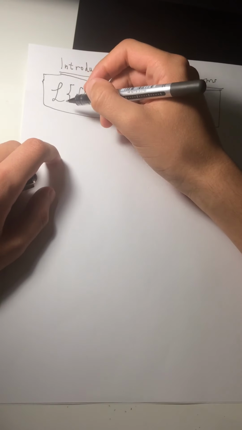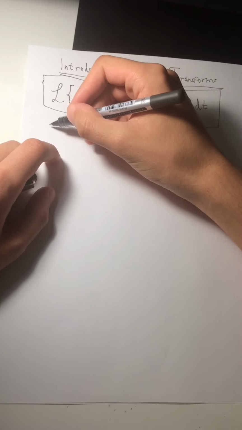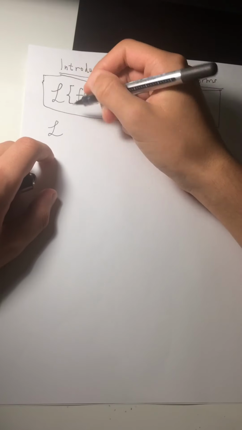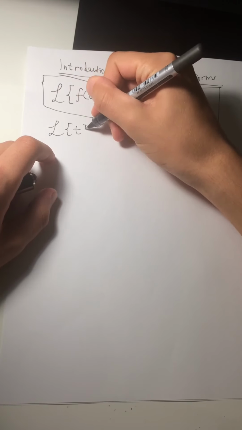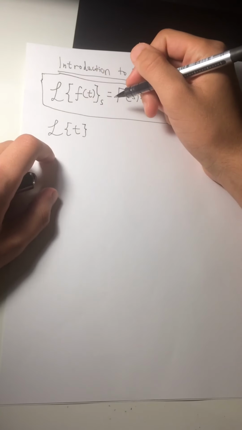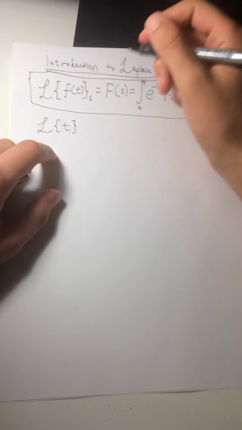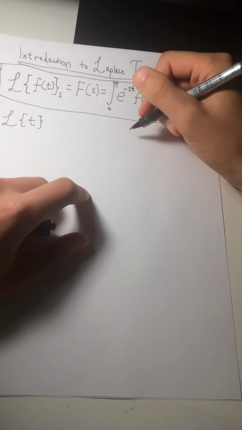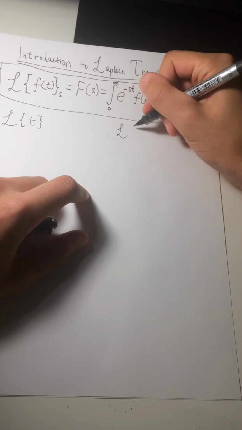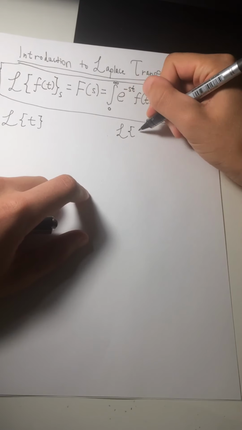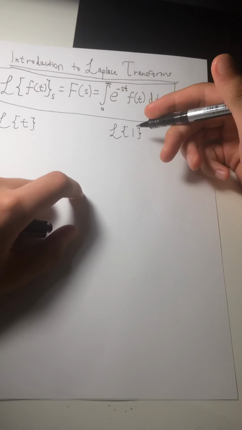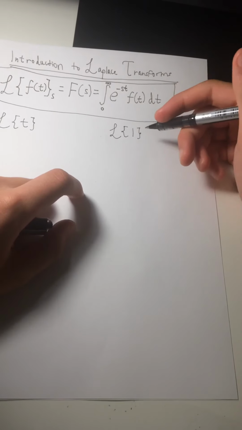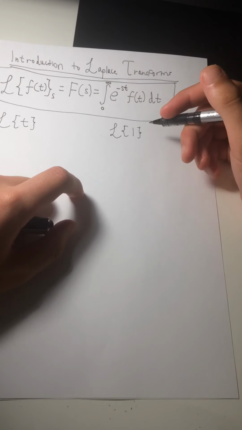Okay, we want to find the Laplace transform of t. Yeah, as simple as that. Well, actually, you know what, we'll do that later. Laplace transform of 1, but notably the 1 is in units of time rather than frequency, so just so you don't get confused.